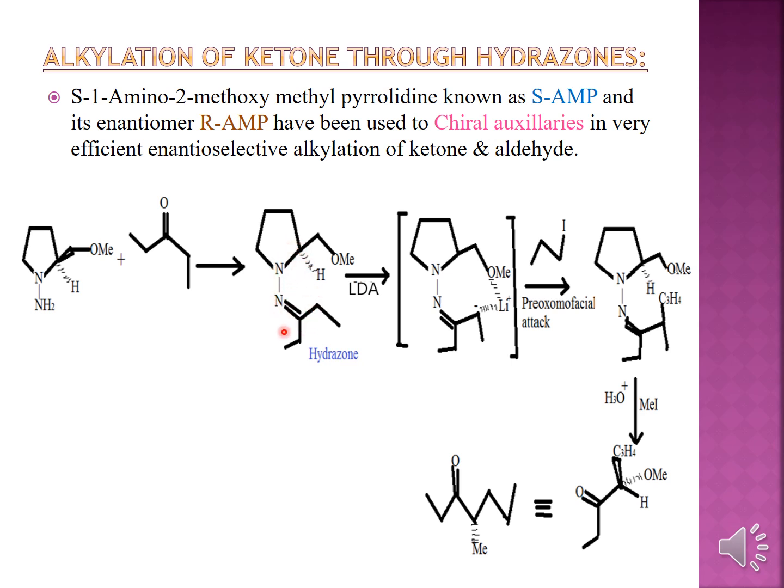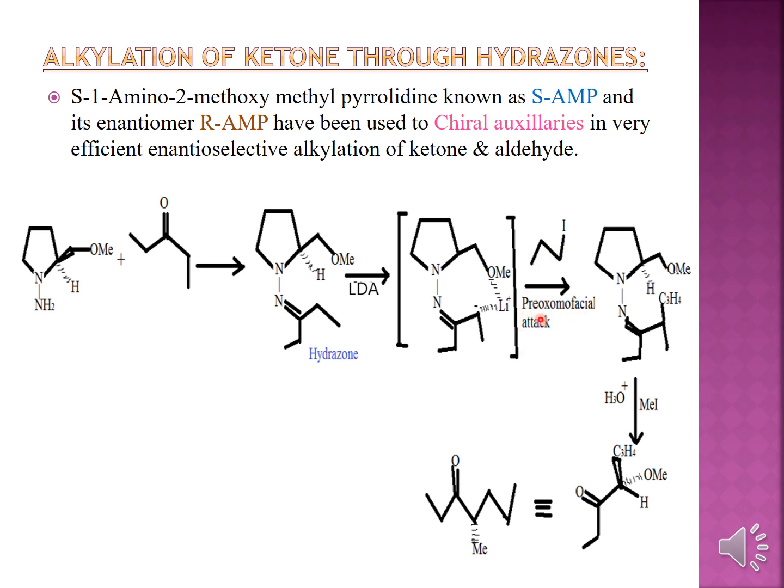After the formation of the hydrazone, upon treatment with LDA, there is a formation of a carbanion, CH2 minus, and the lithium goes and binds with the oxygen, forming an intermediate. After that you have to treat it with propane iodide.